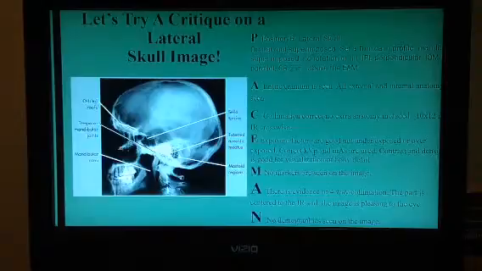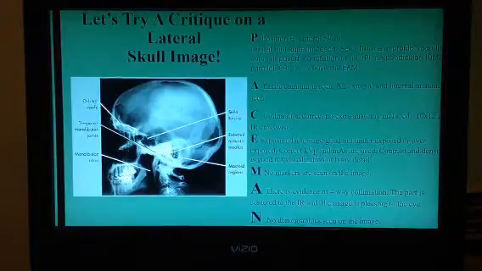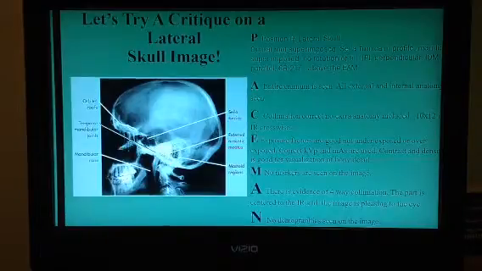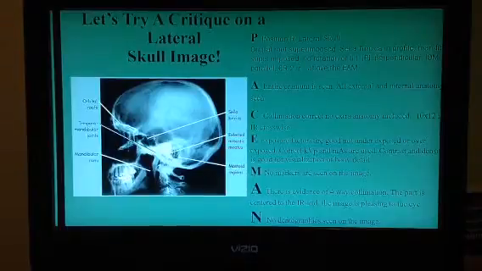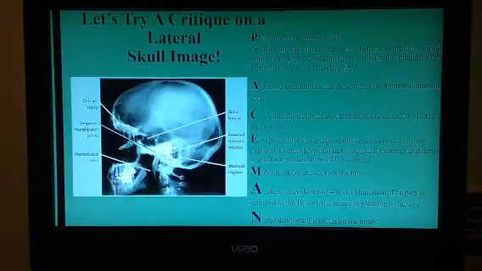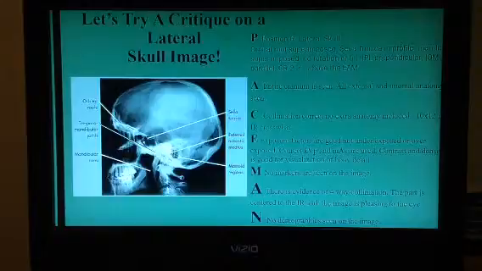Okay, in a lateral skull, the orbital roofs should be superimposed upon each other, and they are. They almost create one line here, which indicates that there is no rotation or tilt because of this alignment. The sella turcica is in profile. You can see the anterior clinoid process and the posterior clinoid process and the dorsum sella and the sphenoid sinus.